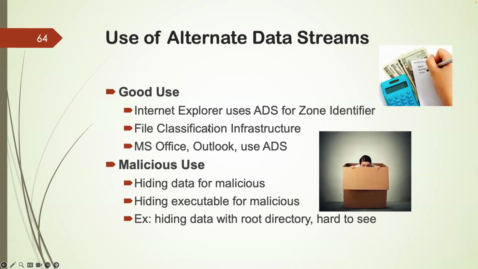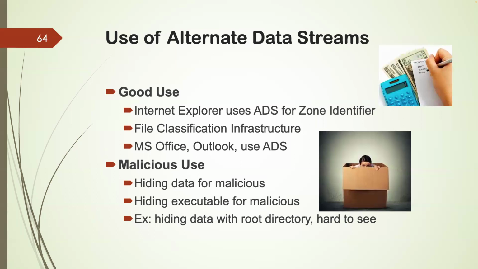All right, so this is the benign use: it is used to hide or store metadata which is not directly linked to the file, such as where you downloaded the file, who the owner of the file is, those types of things. And the malicious use is that it could be used to hide data. It is very popular for hiding malware and viruses.